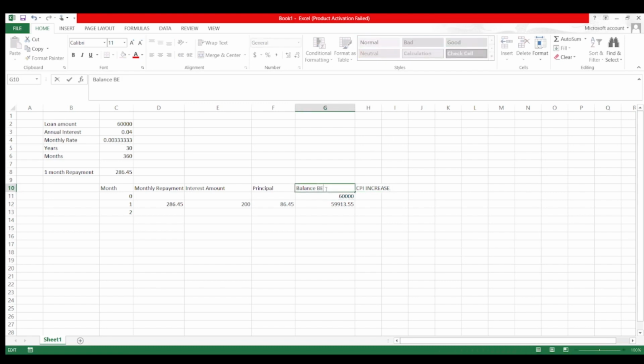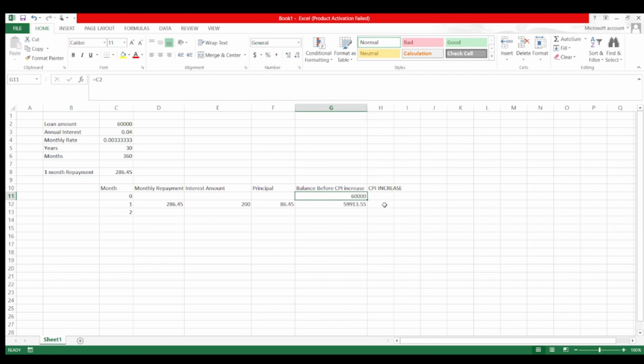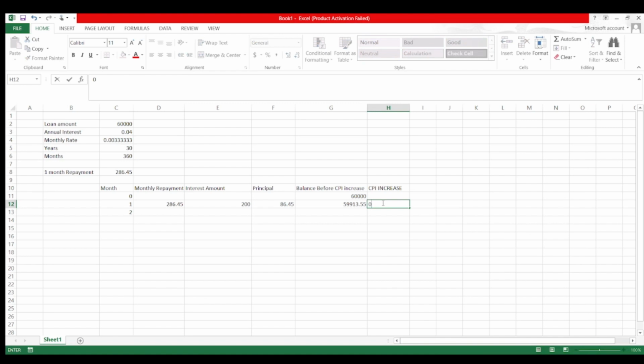Let's call this balance before CPI increase. The CPI increase for this particular month is 6%, which is 0.06.